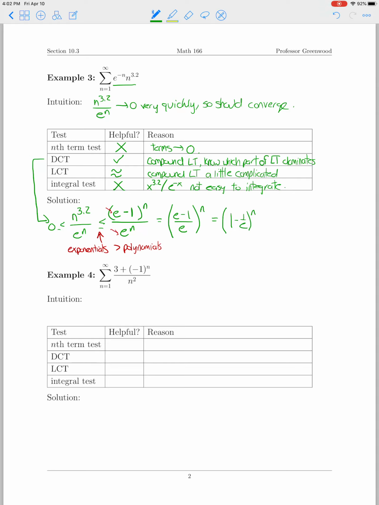And so now we know that the sum of 1 minus 1 over e to the n converges because it's geometric, with r being equal to 1 minus 1 over e, which is less than 1 because I'm just subtracting something from 1. And so that means that our original series, the e to the minus n times n to the 3.2, converges by direct comparison because it's smaller.